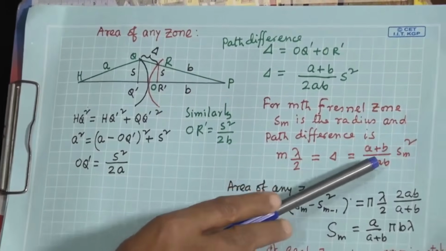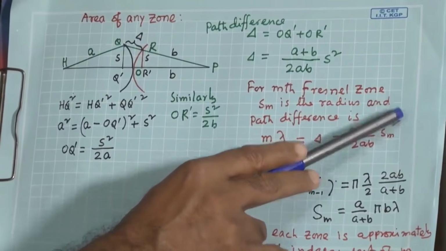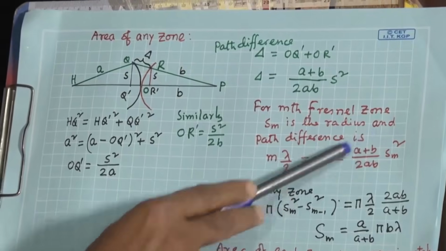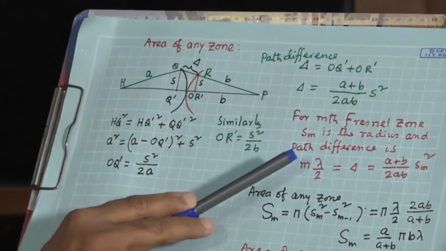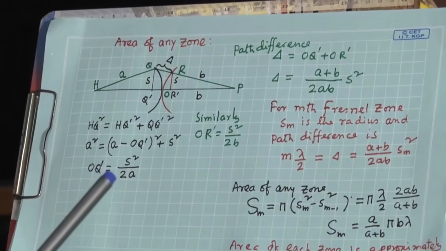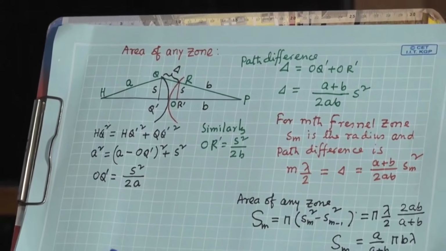Here you can see S_m square equals m lambda by 2 divided by this part. Now if you know the radius, you can find the area.